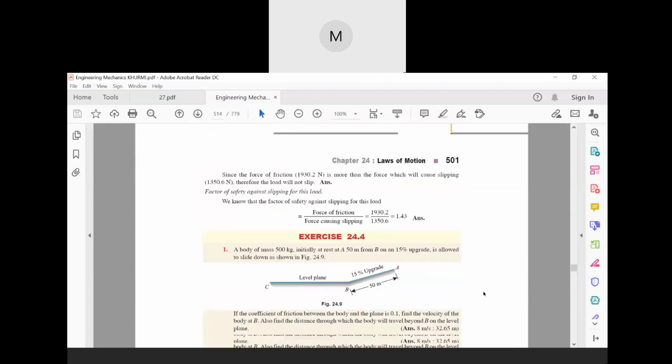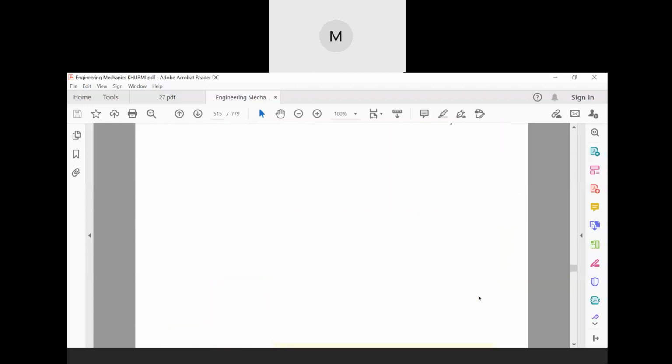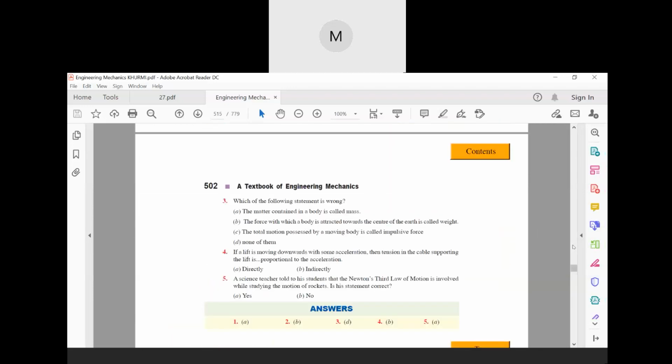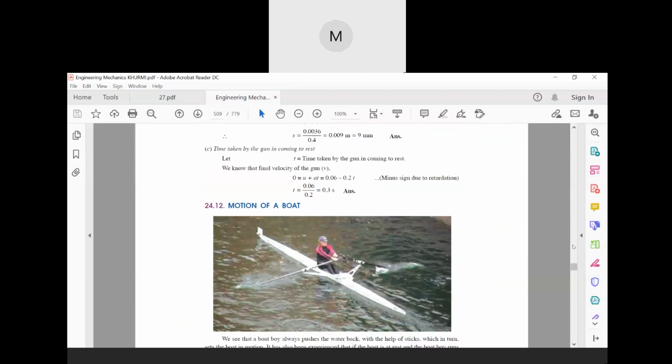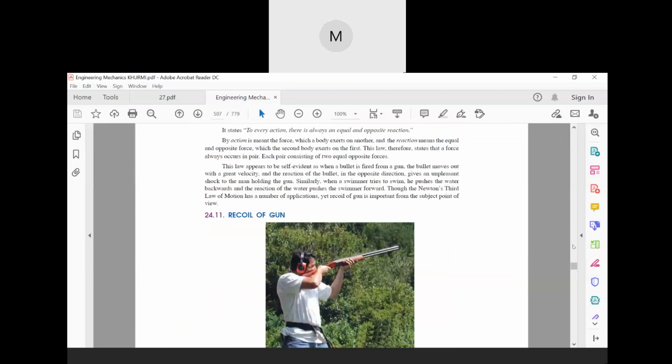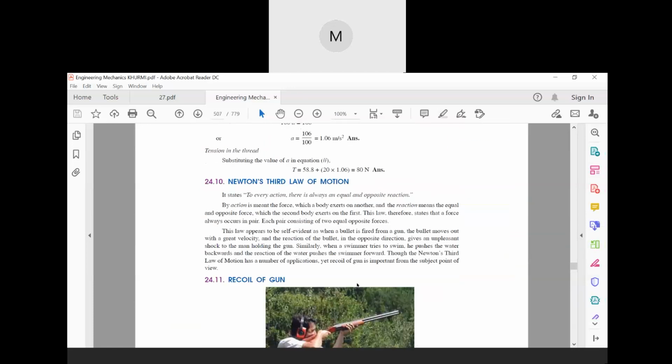Okay. So what is Newton's third law of motion actually? According to Newton's third law of motion, it states that to every action there is always an equal and opposite reaction, right?